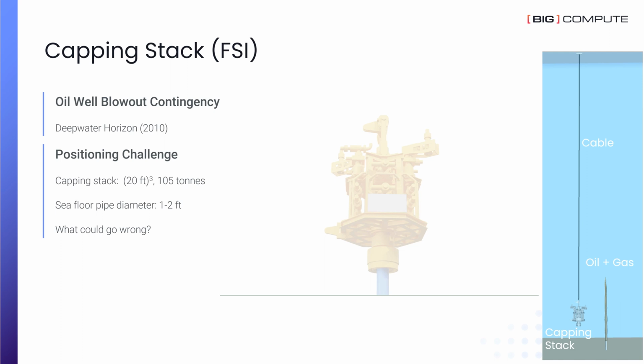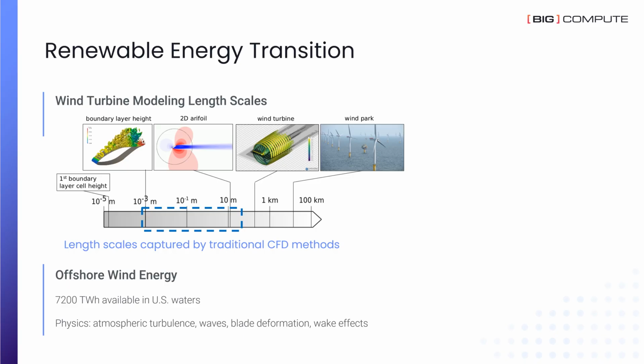And finally, once it is locked into position, we can shut off the flow of oil and gas by closing the valves in the capping stack. So this is an example of something that would be very difficult to experimentally investigate. We can do it in simulation to look at how difficult it is to control positioning of this capping stack.